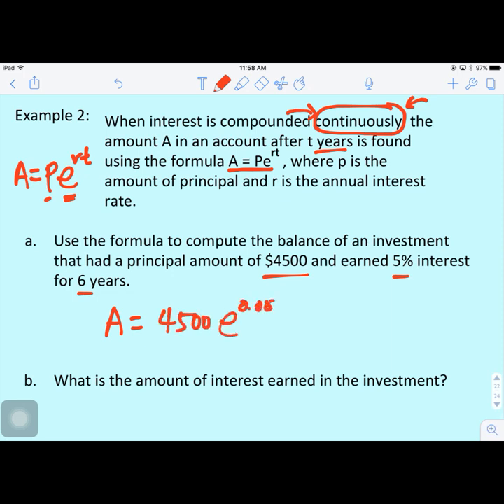We're going to convert the interest rate into decimal here, times 6 years. And go ahead and use your calculator to find the answer. And you should have an answer of 6,074.36. Don't forget to verify that with your calculator. And that is the amount in the bank after 6 years, earning 5%.